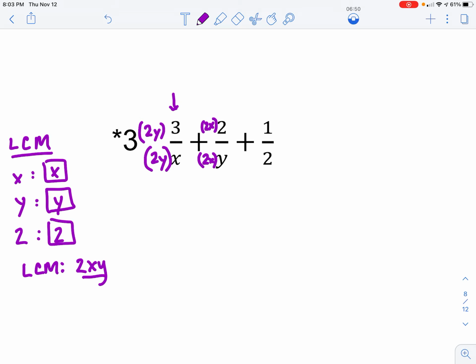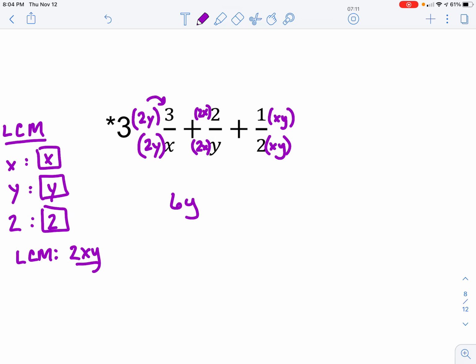And then finally, the last fraction, I have 2 as a denominator, but I need it to become 2xy. So it needs to be multiplied with xy, and so does its numerator. So now let's do the math on that. 2y times 3 is 6y.